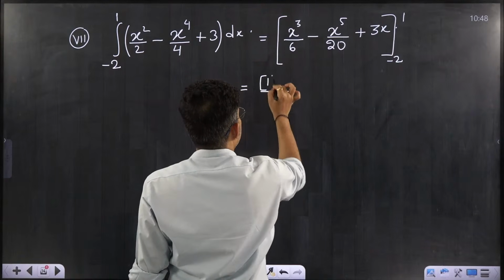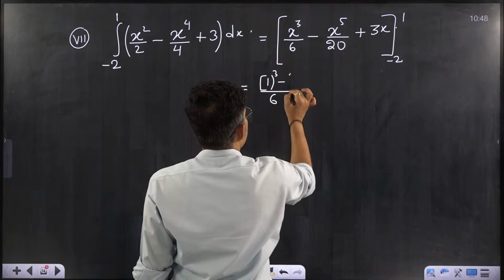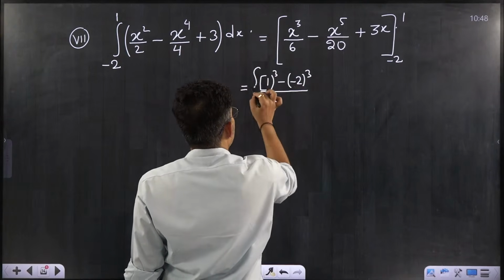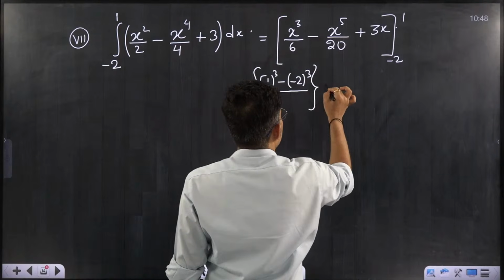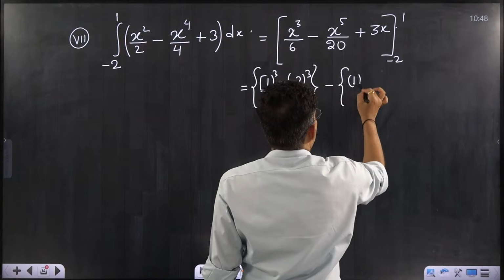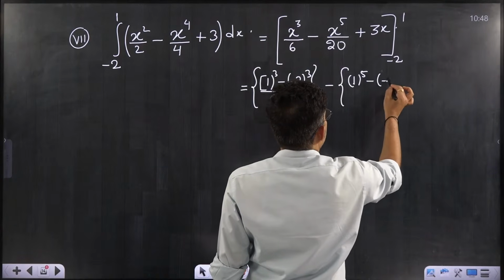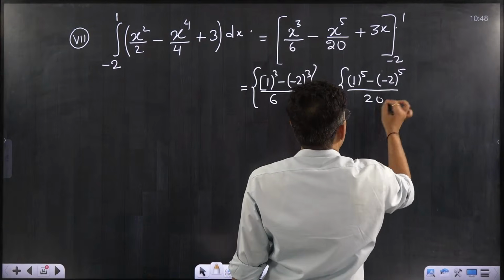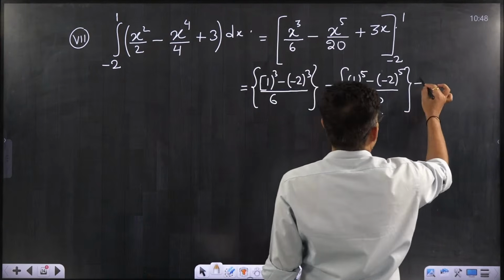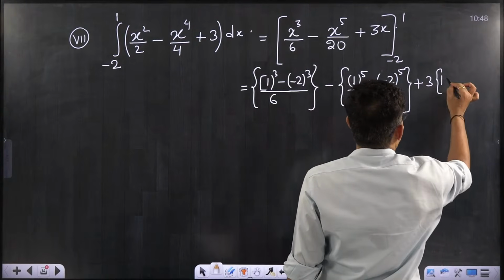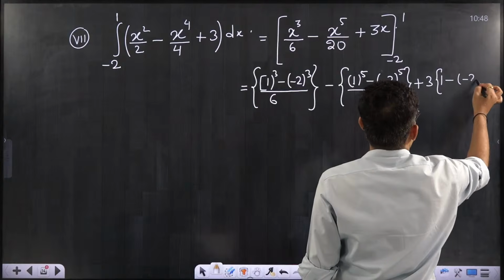First you will put x as 1 cube, then you will put x as -2 cube. Always upper limit minus lower limit. Now comes the next term, x to the power 5: 1 to the power 5 minus -2 to the power 5, whole divided by 20. Next, 3 outside: x you will put as 1 minus x you will put as -2.